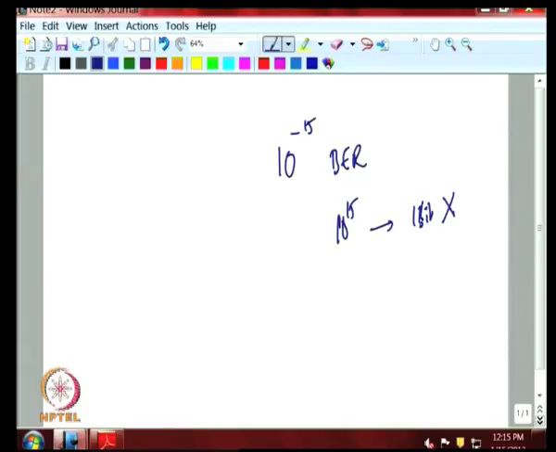The disk specification will give you a 10 to the power of minus 15 bit error rate. So, how much is 10 to the power of 15 bits? It is about 10 to the power of 14 bytes, that is about 100 terabytes. Sorry, I made a mistake, this is terabytes, 100 terabytes.